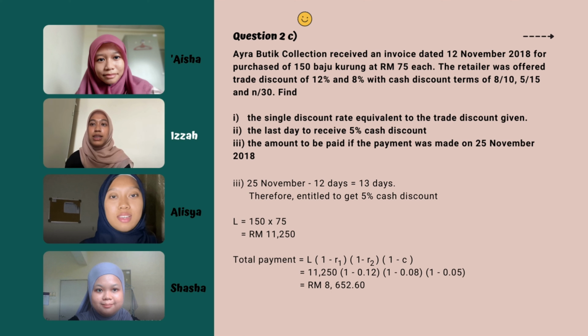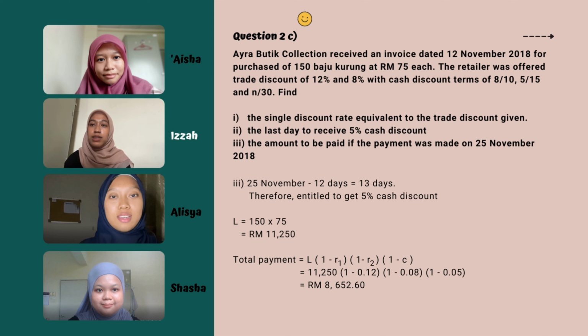Second, we have to find C because we don't have any information about it. How do we find it? 25 November minus 12 gives us 13 days, because the invoice we received is dated 12 November. So in 13 days, we get the 5% cash discount.